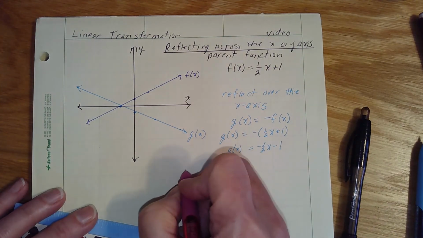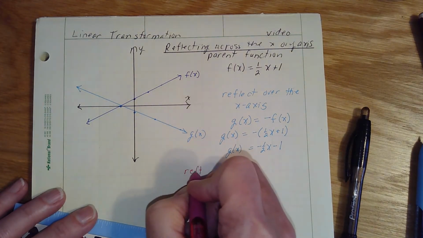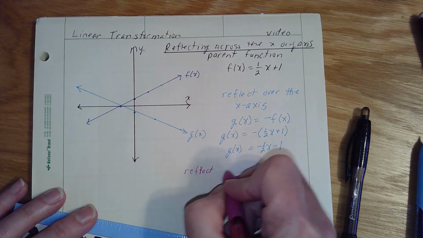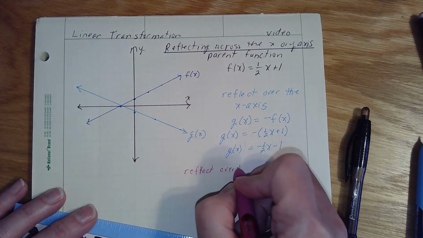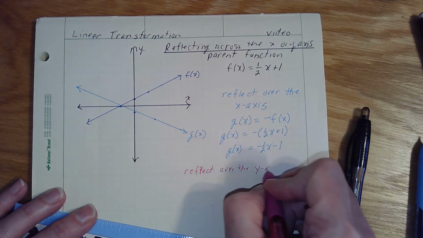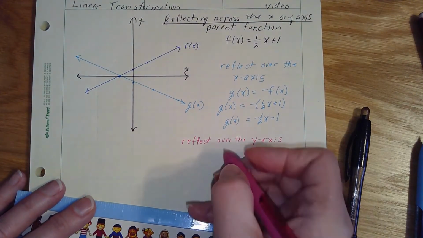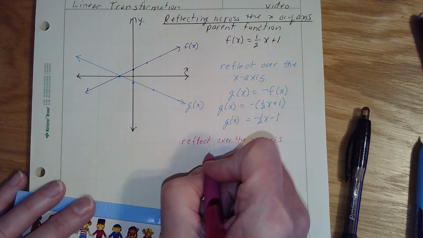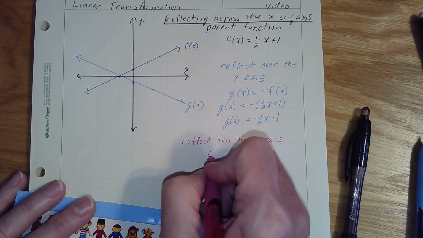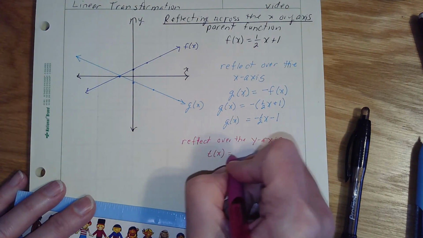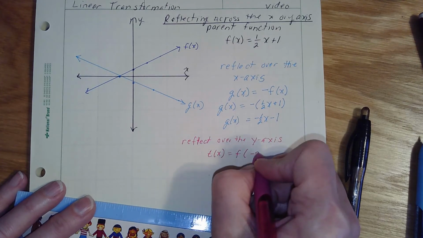We are now going to reflect over the y-axis, and that equation takes a slightly different form. That one would be g of x equals f of negative x.